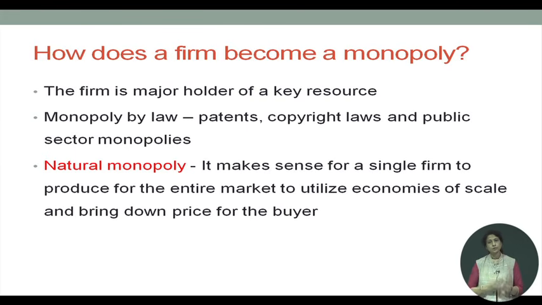So natural monopoly basically means that the market is such, or the nature of the product is such, and the production process and costs are such that it makes sense for one single large firm to produce the output for the entire economy, for all the consumers, because when the amount of output is very high, the firm is able to get economies of scale, as a result of which prices will also come down for all the consumers. So this is called a natural monopoly.